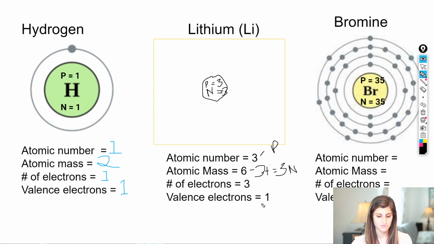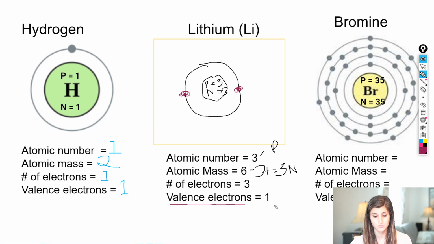All right, now we have to figure out the electrons. So we know we're going to need at least 1 electron shell. And now let's look at our number of electrons. So number of electrons here is equal to 3. We know that our first orbital can only have a maximum of 2 electrons, so that's 1, now that's 2, but we have 3. And it's actually even telling us our valence electrons is equal to 1.